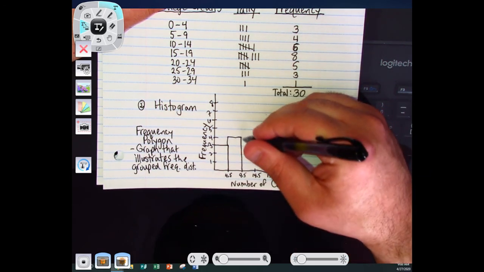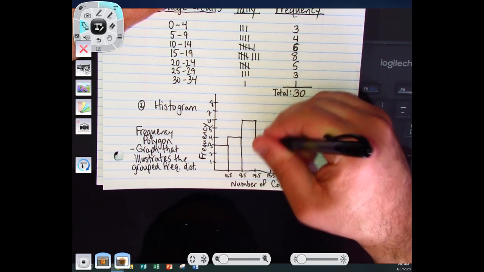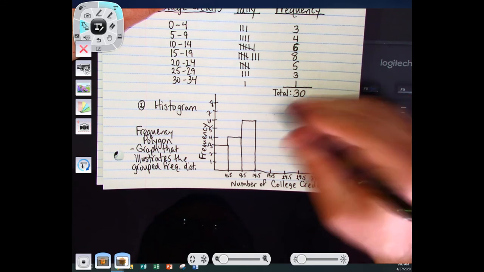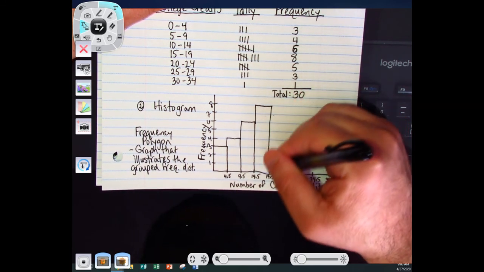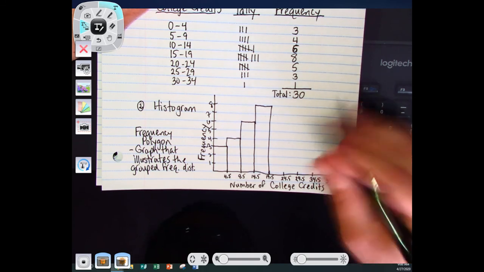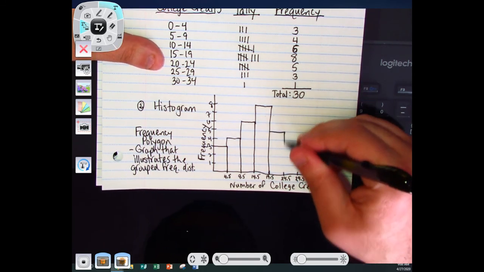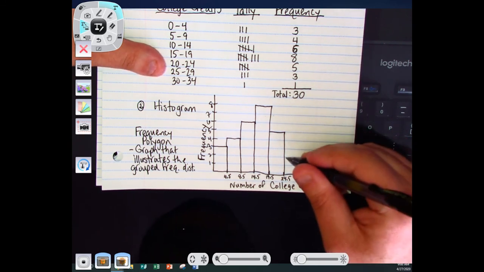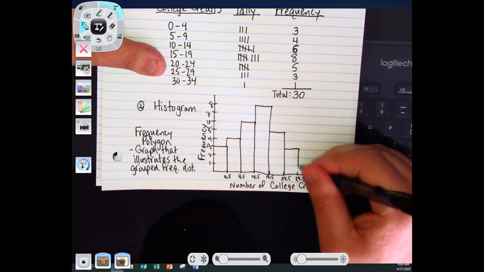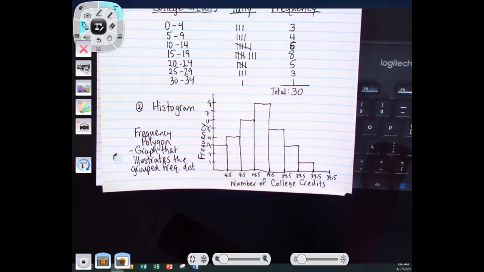At 14.5, here we go up to 6. 19.5 was 8. For 24.5, it would be 5. 29.5 would be 3. And then 34.5 would be 1, and then 0.